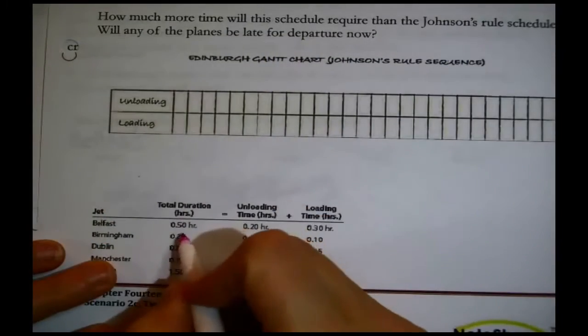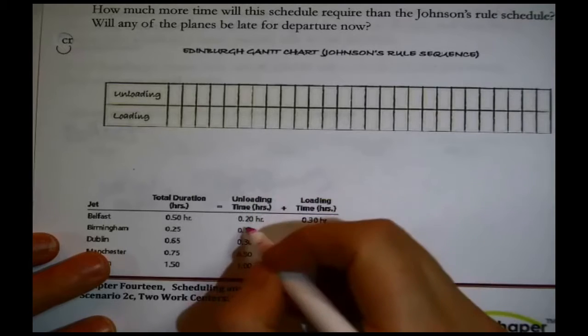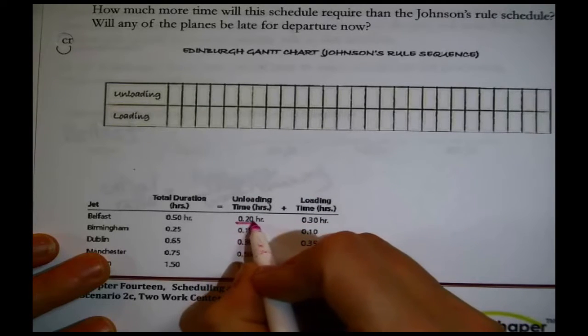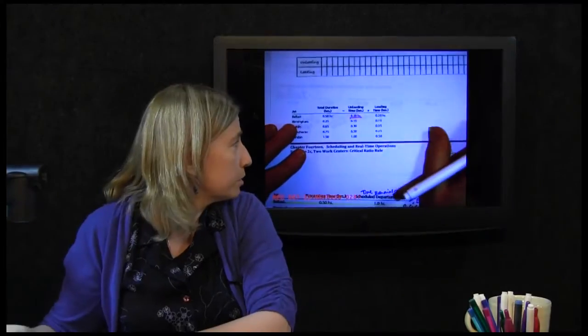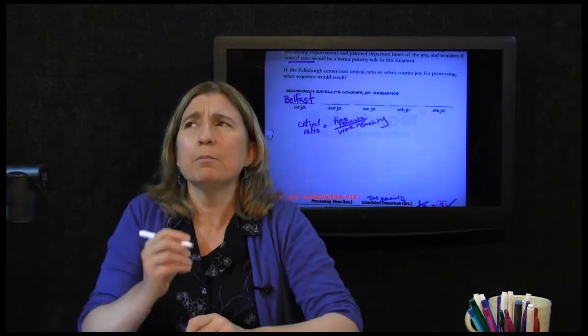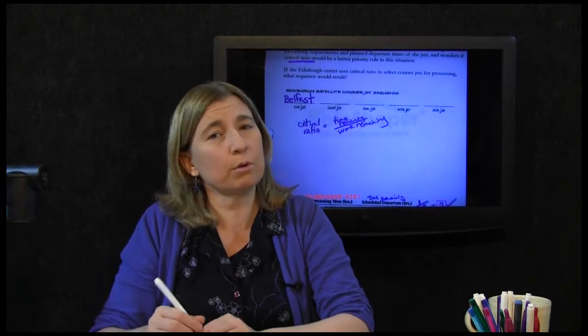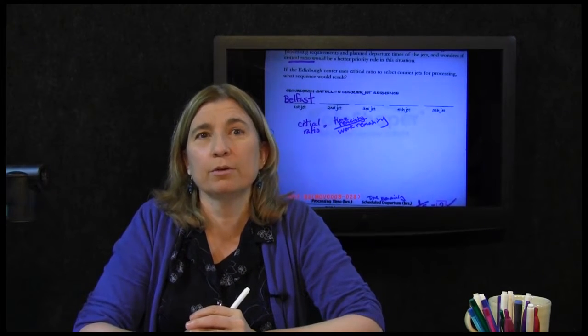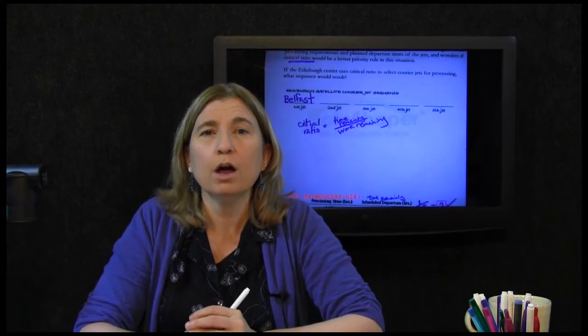Now, this is the second page of the note frame, but you can also look up this information in the book. The data here is saying that the Belfast flight is 0.2 hours of unloading time. That means that 0.2 hours from now, the unloading crew will be finished with that flight, and they will be looking for something to do.